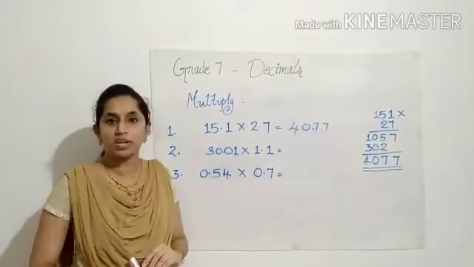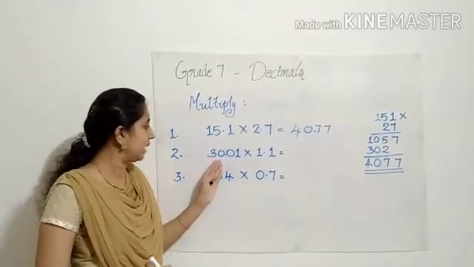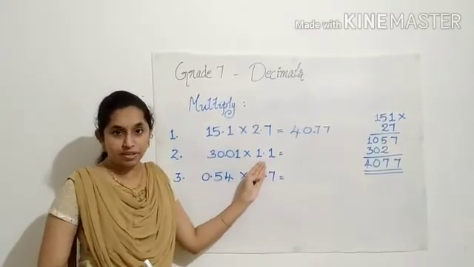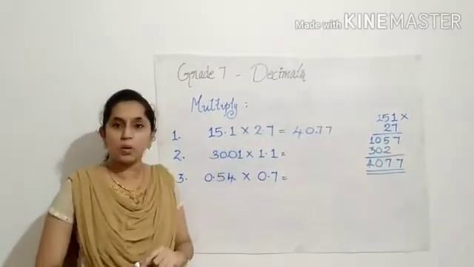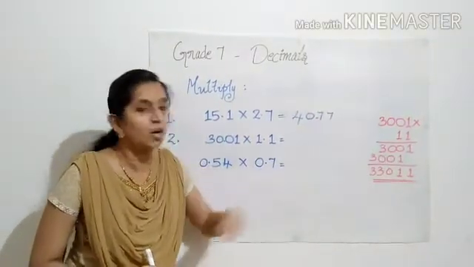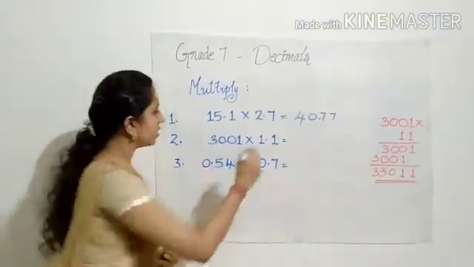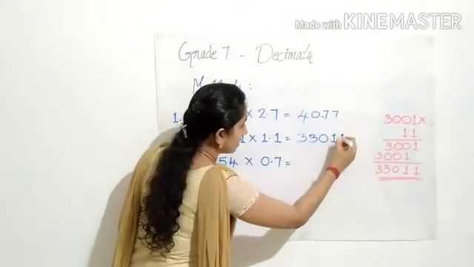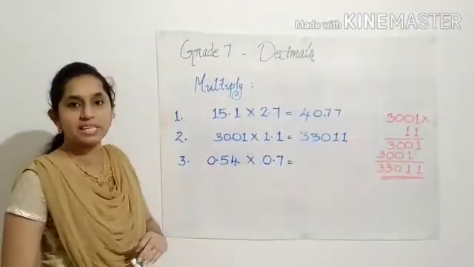Similarly, let us do the next question. 30.01 into 1.1. This should be taken as 3001 and this should be taken as 11. So let's multiply in the working column. We get the answer as 33,011. Let us now consider how many decimal places are there.